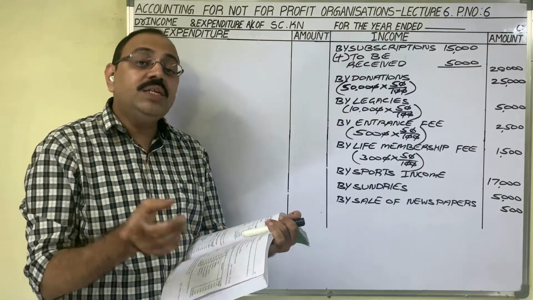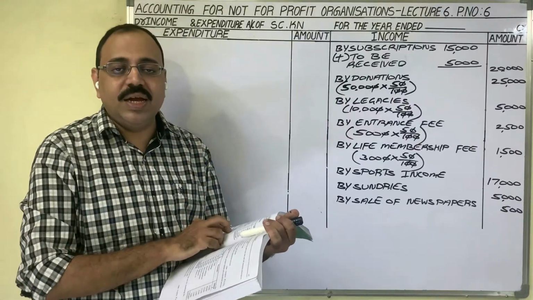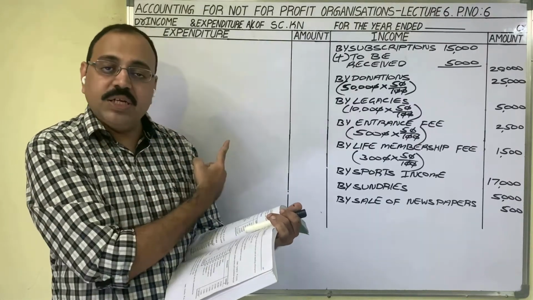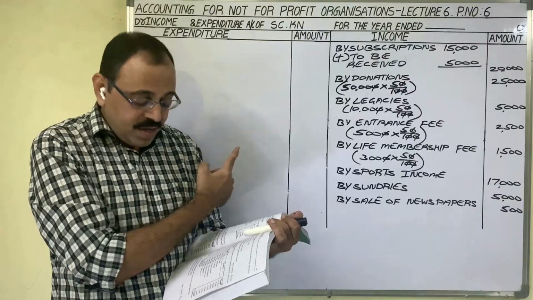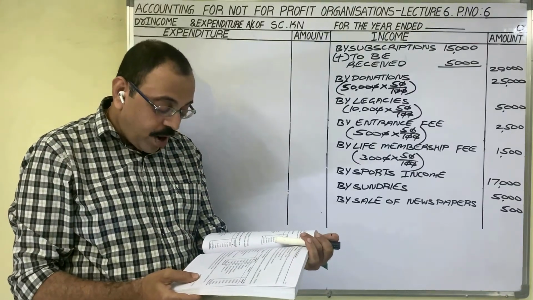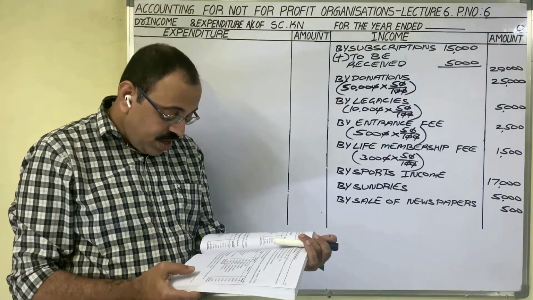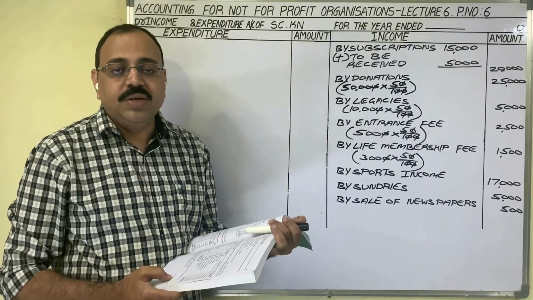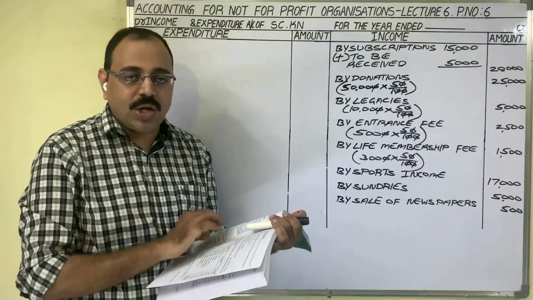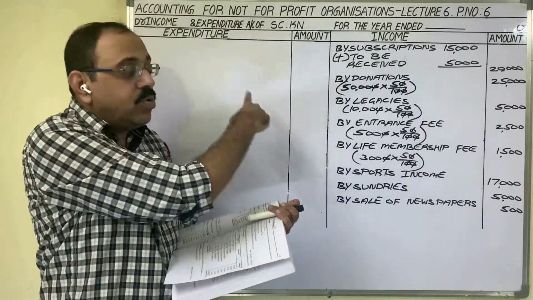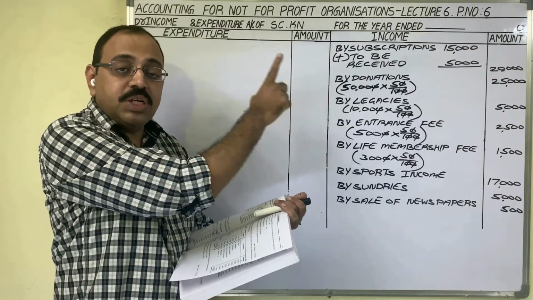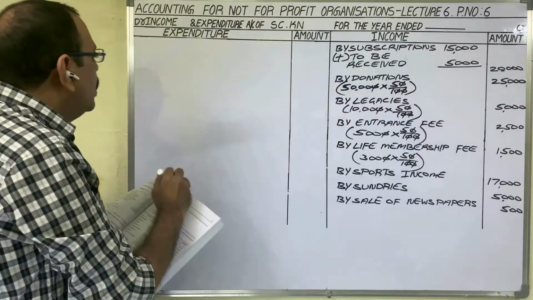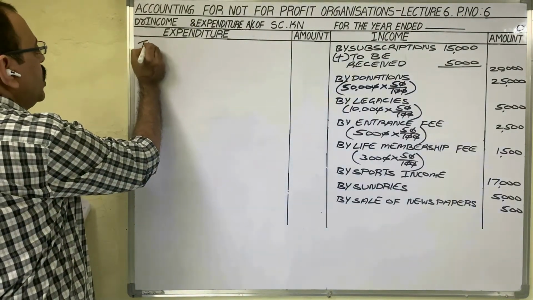But if there is any depreciation on this asset, that depreciation appears in this account. And in additional information, point number 3, he is giving depreciate sports material by 10%. So depreciation is loss. This is nominal account now. So losses and expenses we have to debit. Therefore, the depreciation we have to show here only.